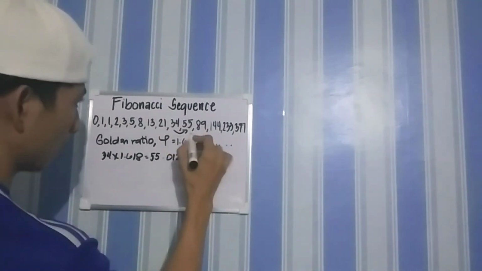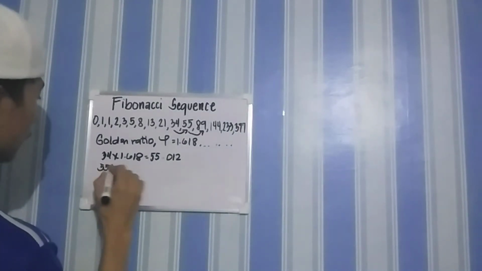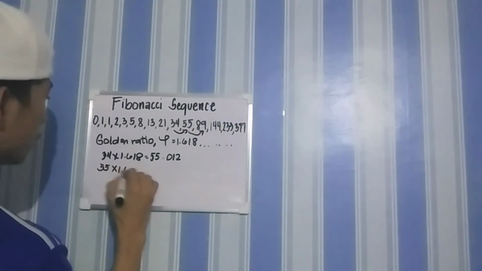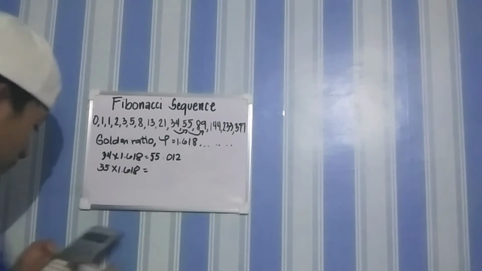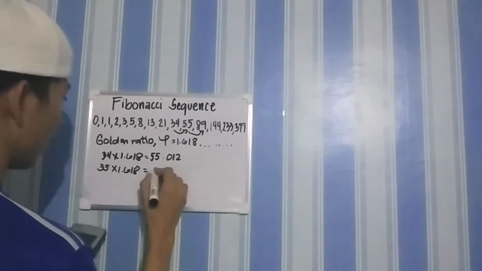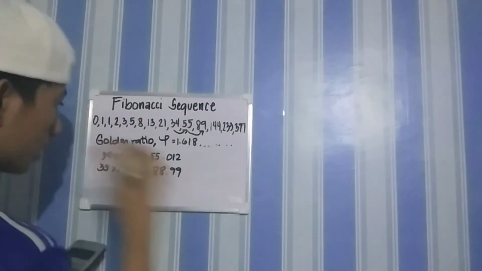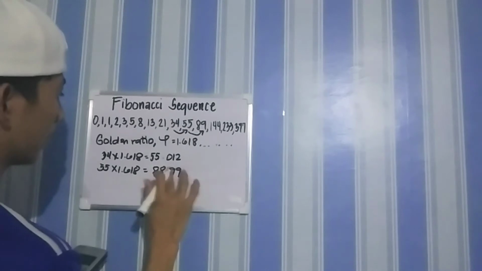So let's try this. To get 89, we multiply 55 by 1.618. 55 times 1.618 is equal to 88.99, which rounds up to 89.